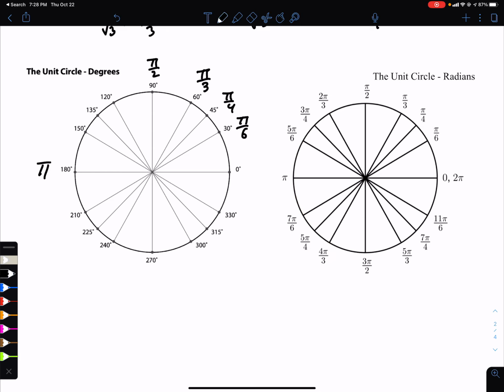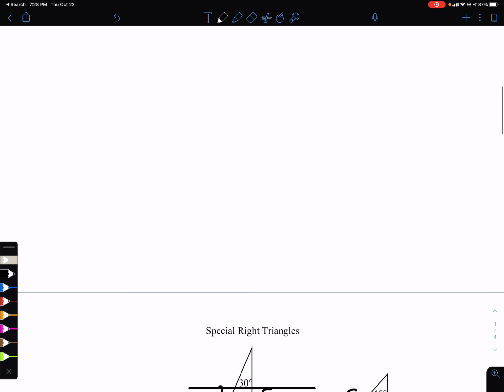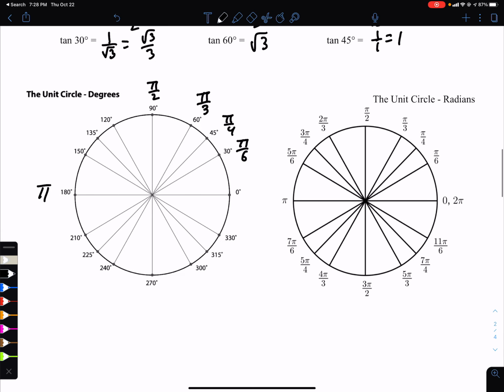Now, 2 pi over here, if we're dealing with pi over 6s, that's 12 pi over 6, right? So look how nice this is. If I back up a pi over 6, which is 30 degrees, look, I'm at 11. What if I'm dealing with pi over 4s? 2 pi would be 8 pi over 4.